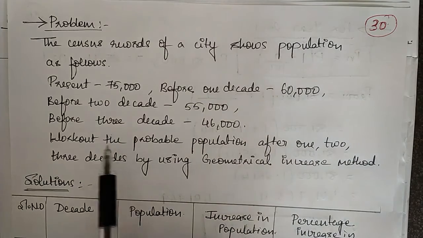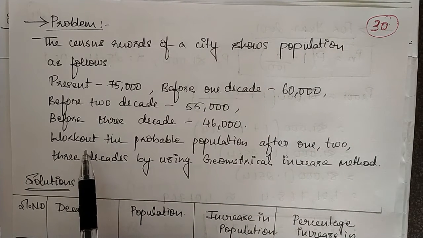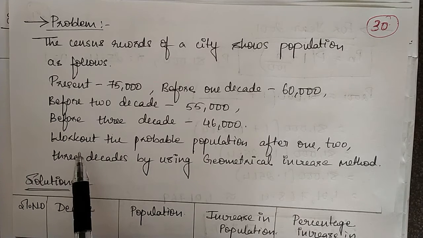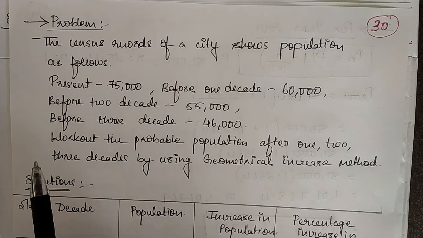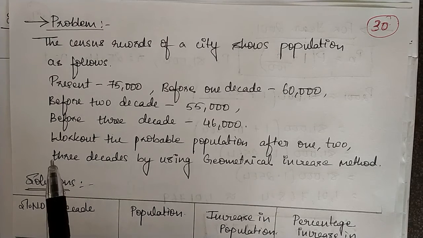But when you see the problem, they have not directly given me the population and the year. If you remember, in your previous problems which we have solved through arithmetical increase method and geometrical increase method, the population was given and the year for which it is found was also given. Clear?